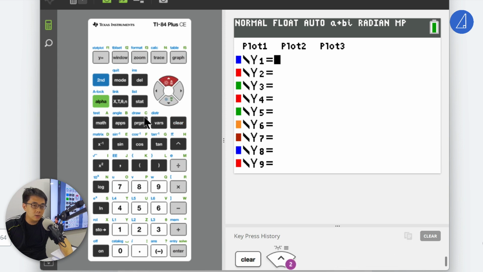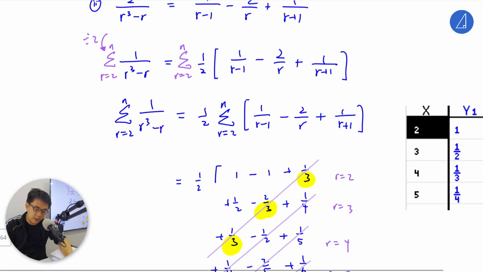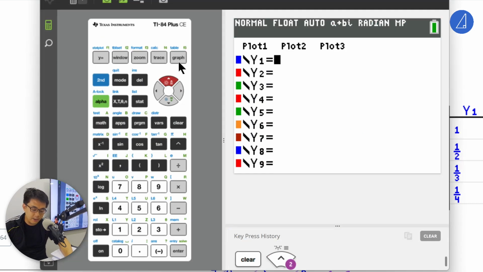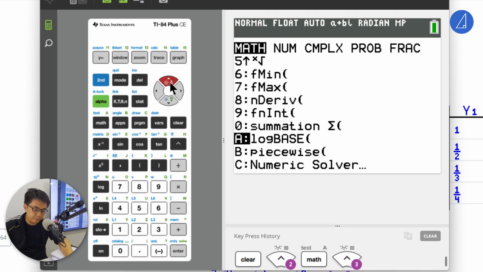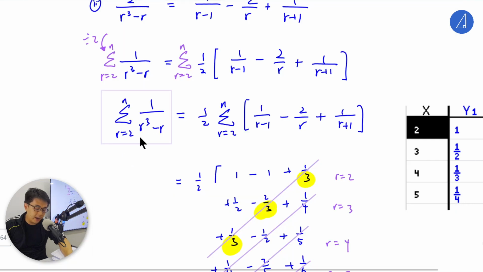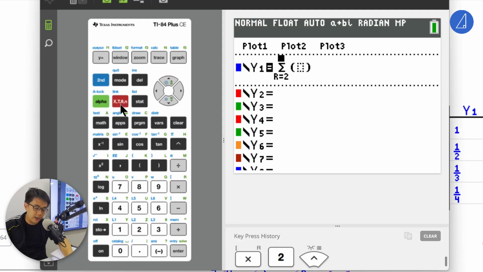In this case, I'm going to key in the question, then I proceed to key in the expression that I found. This is math, summation, alpha r, is it r? This is alpha r2. Then on top the n is x. Then you put this as alpha 1.